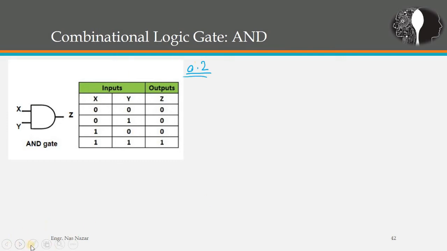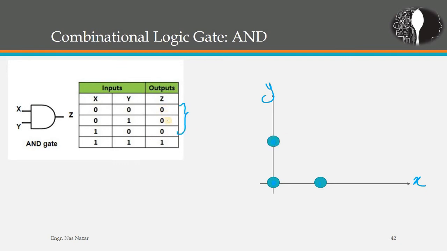Okay, let me erase this and go back to our discussion. Here we have y and this one is our x. Whenever the input is 0, 0, I will show it here. This is the point 0, 0, and another one is 1 and 0. When x is 1, y is 0, somewhere around here. Another one is whenever y is 1, x is 0.